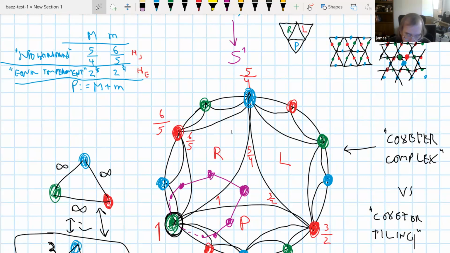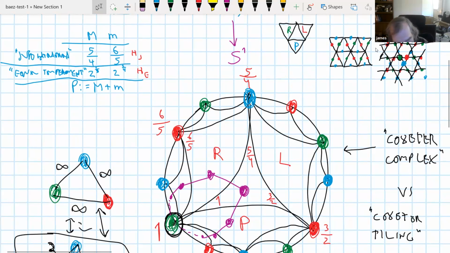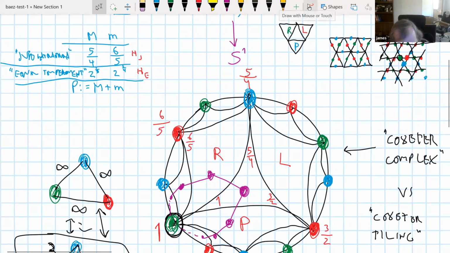Whereas, as you're pointing out now, if I understand what you're saying, if you want to do the musical thing, then what you really want is something more like the Tonnetz picture.